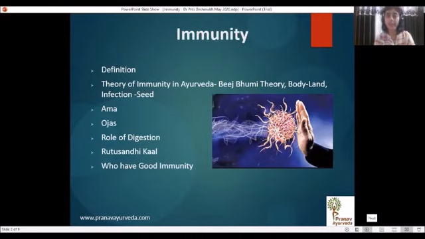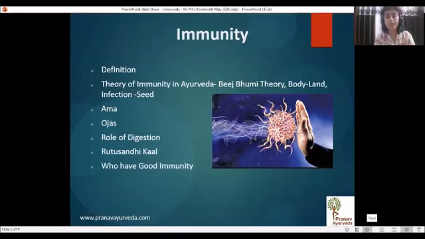If the body is filled with ama, that is toxins, and lacking in ojas. According to Ayurveda, ojas means sarva dhatu sar. There are 7 dhatus mentioned in Ayurveda which make the different organs in our body, that is rasa, rakta, mansa, meda, asthi, majja and shukra dhatu.